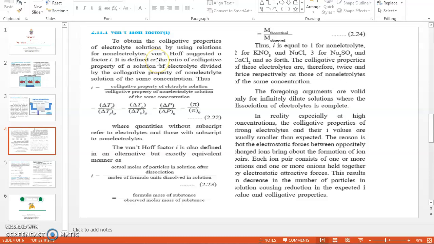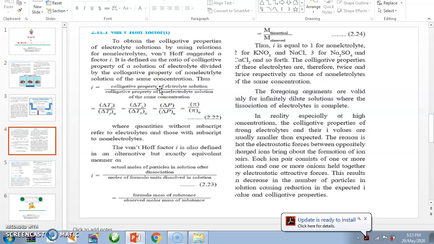It is defined as the ratio of the colligative property of the electrolyte solution divided by the colligative property of the non-electrolyte solution of the same concentration.